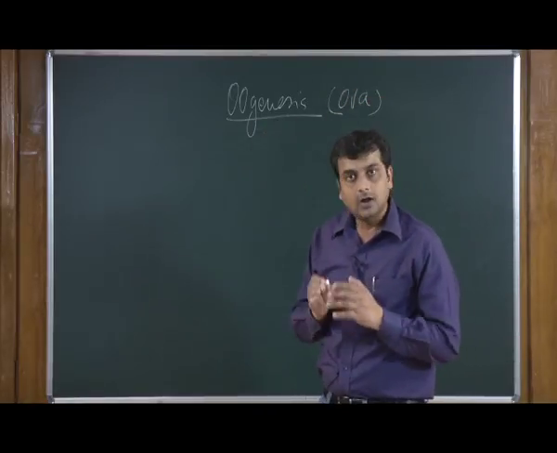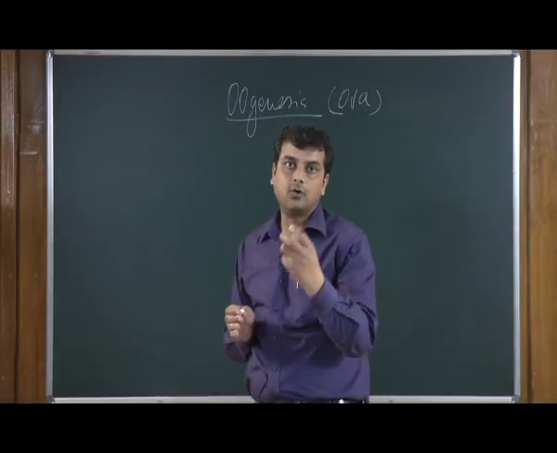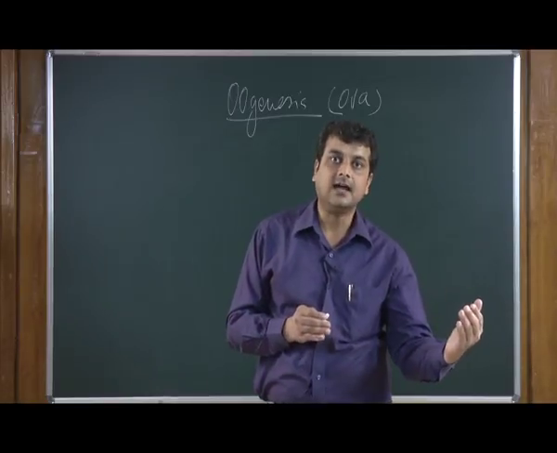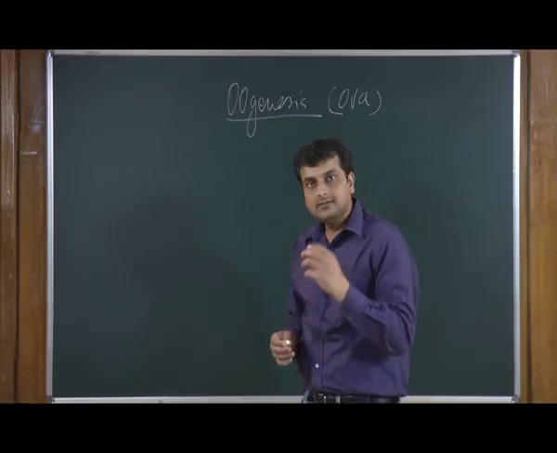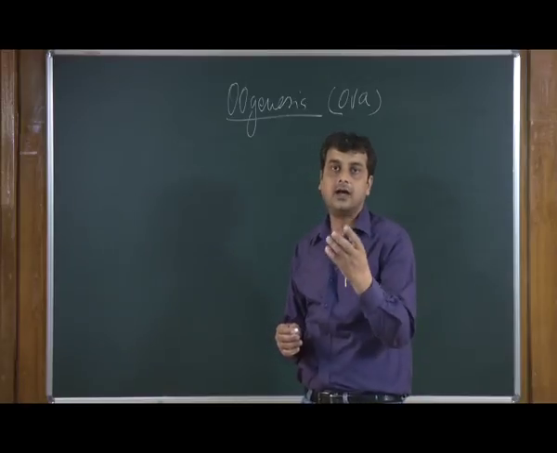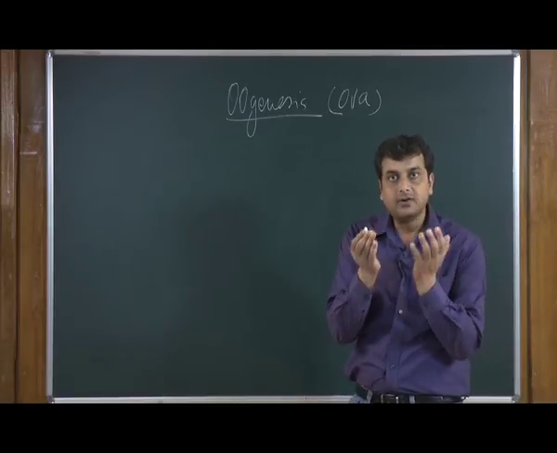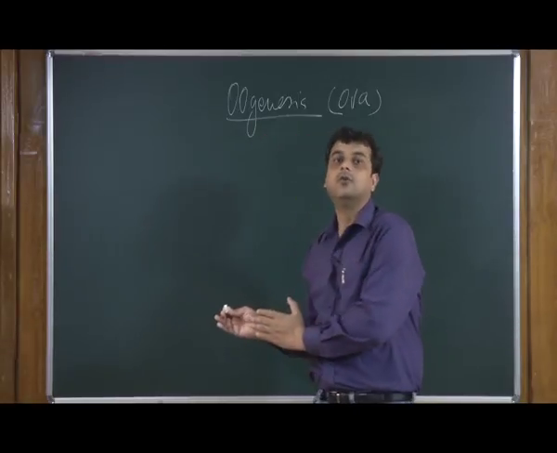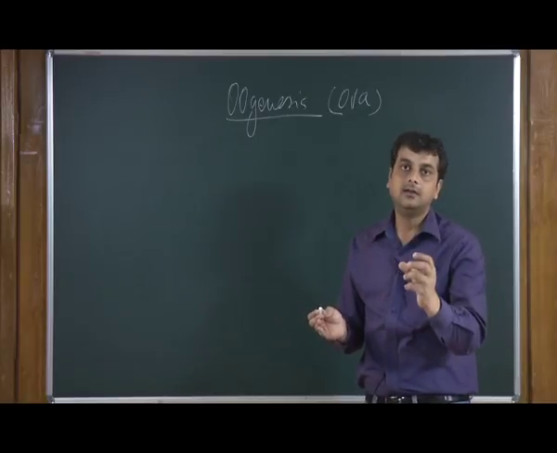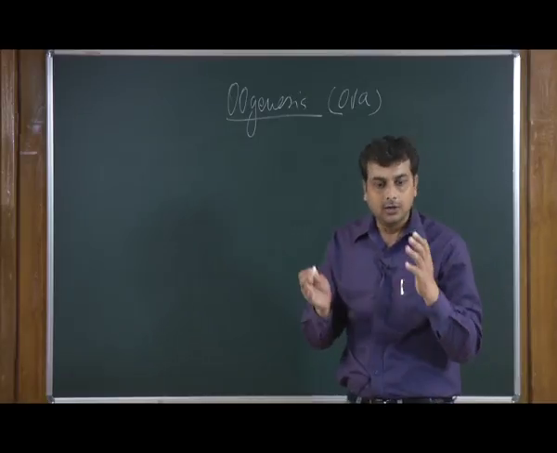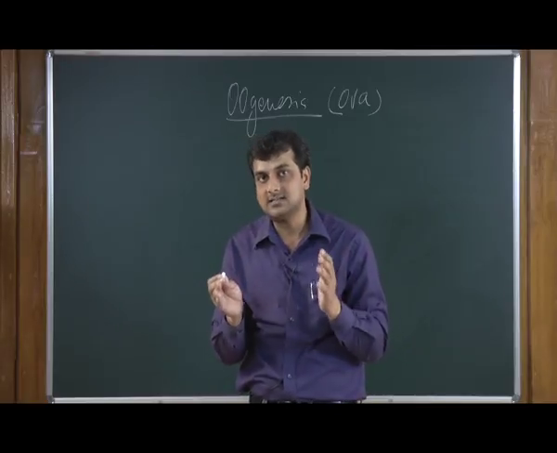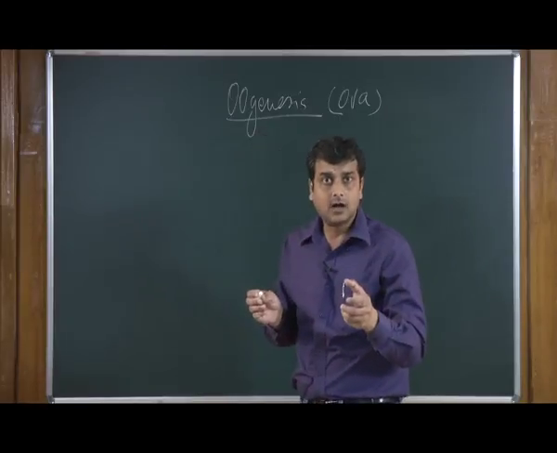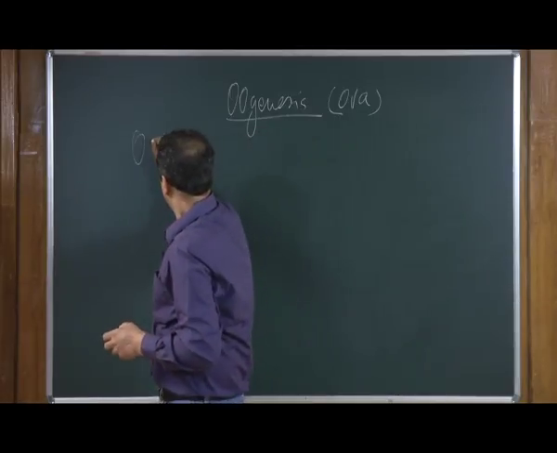In order to understand oogenesis, let us understand the structure of the ovary, and how the cells develop in the ovary from fetal life to adulthood. The cells available in the ovary are precursor cells, mother cells, which are going to form the ovum in future, and they are there in the ovary right from birth.